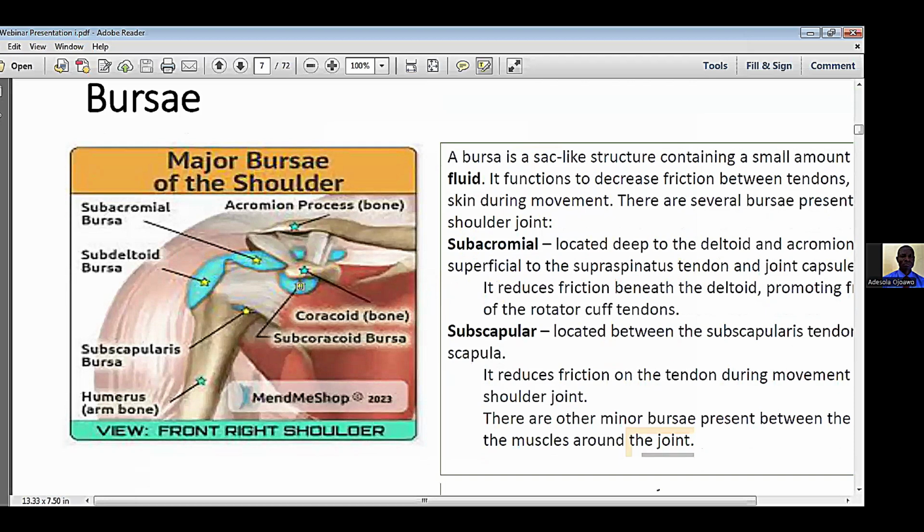Then we have another one near the coracoid bone. All those are the bursa that we have. Then we have the subscapularis bursa here. This one is hiding possibly in the armpit, and it is supporting a lot of movement that is there. So I put some literature here.